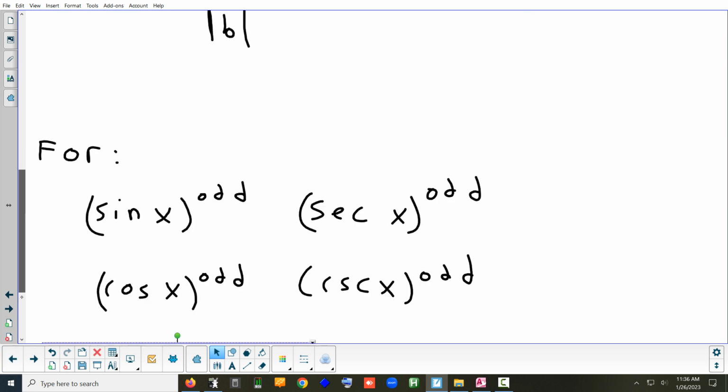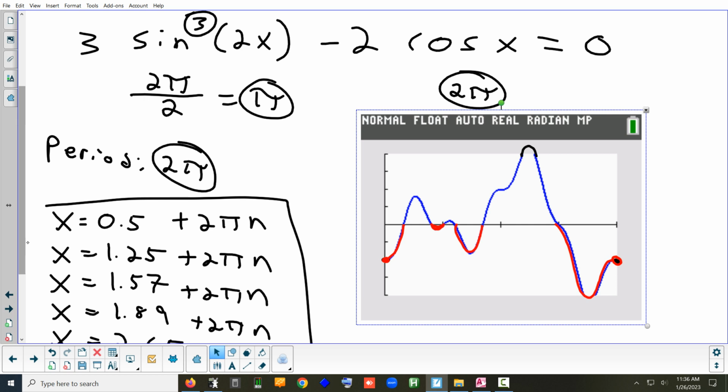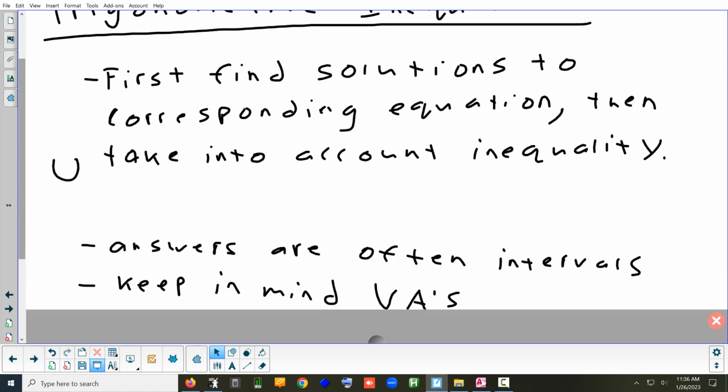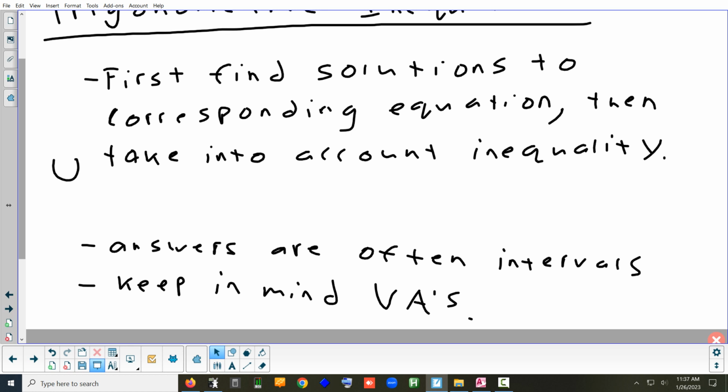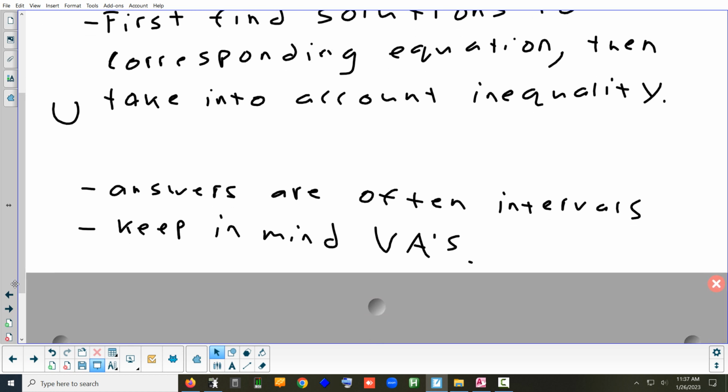Where's the graph? Oh, yeah, there's no asymptotes in that last problem because you were only dealing with sines and cosines. When you throw a tangent or a cotangent or a secant or cosecant into the problem, then you're going to get asymptotes, so you've got to be careful. If there's a vertical asymptote, it's going to be easy to find.